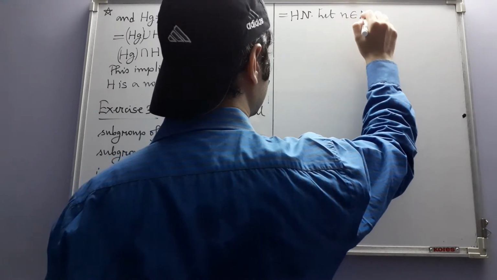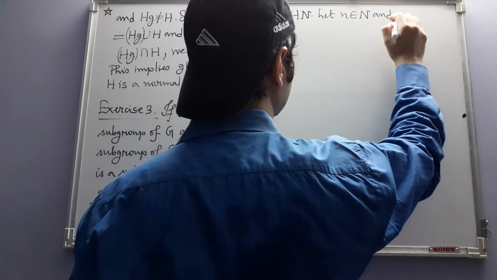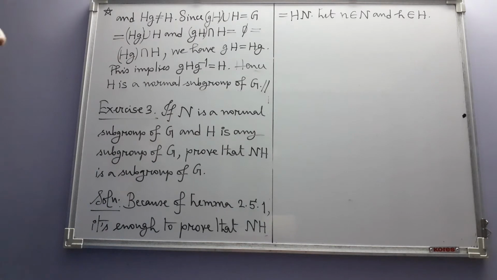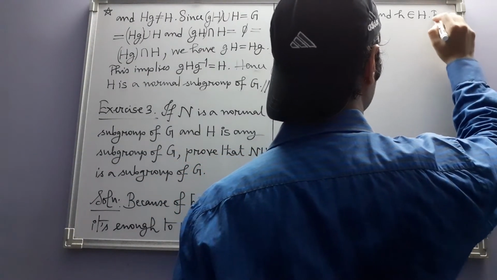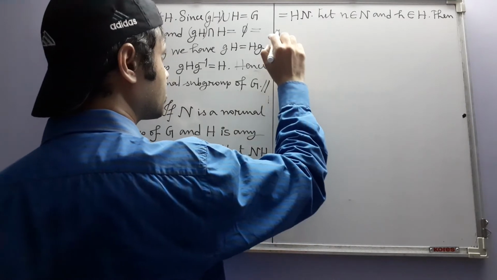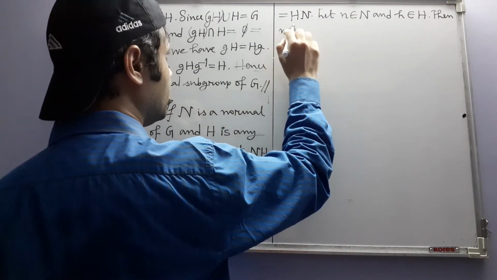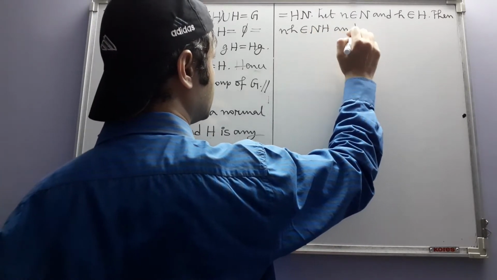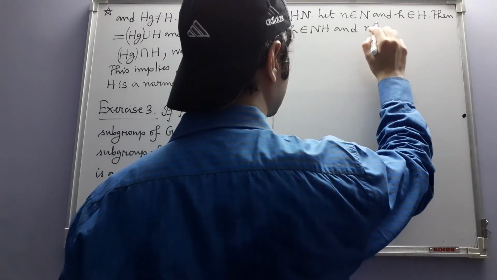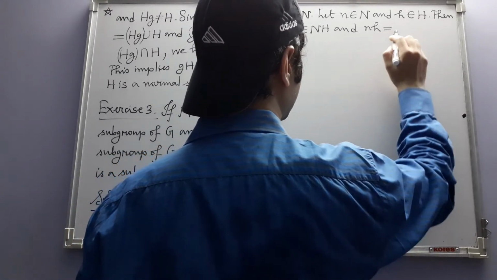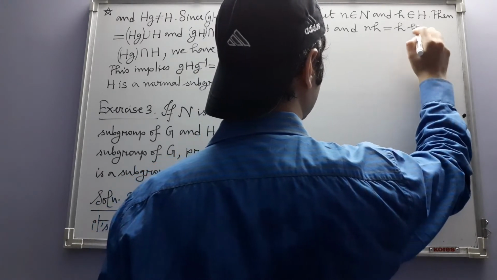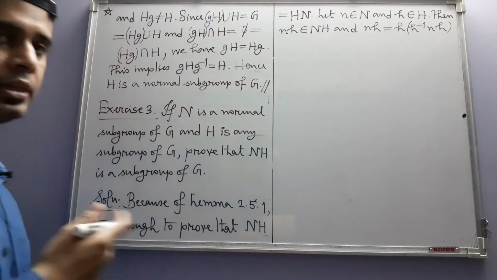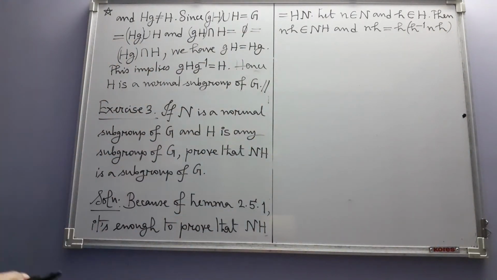n be any element in N and h be any element in H. Then nh belongs to NH, and nh can be written like this: h inverse h nh. h and h inverse will cancel out and we will be left with nh.